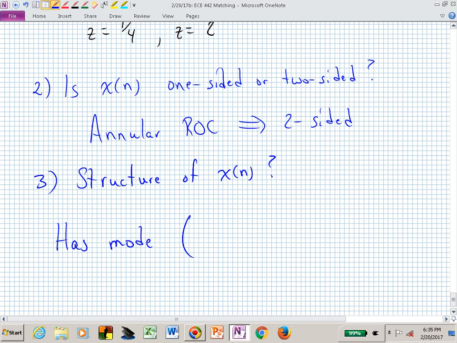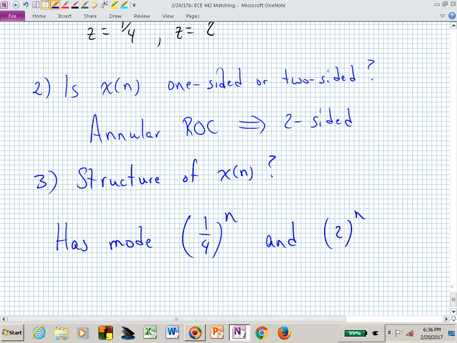I have modes that result from my poles. These are real, so these modes are pretty easy. I have one mode at 1/4, so that will be 1/4 to the n. And I have another mode at 2. But now can we say anything more about that exponent n in one or both cases?